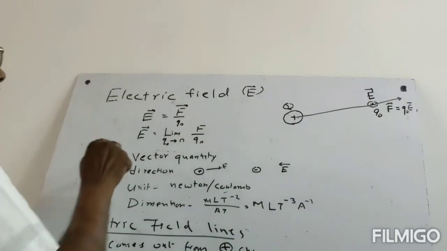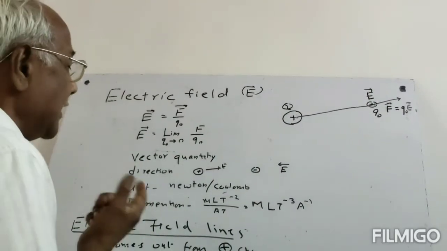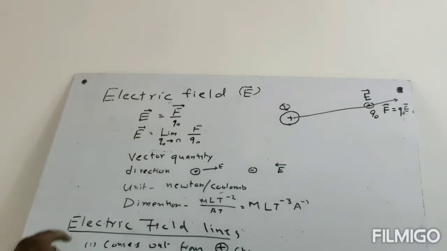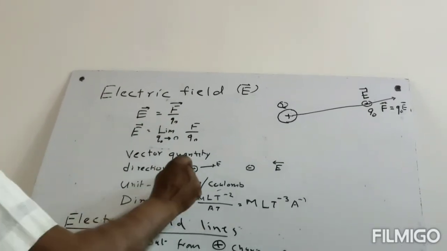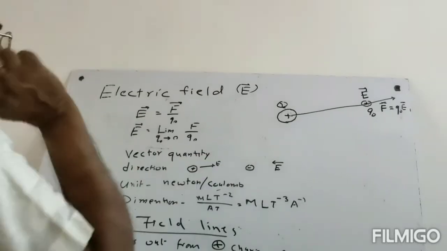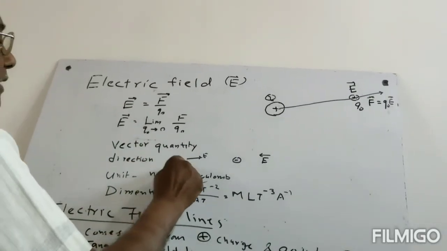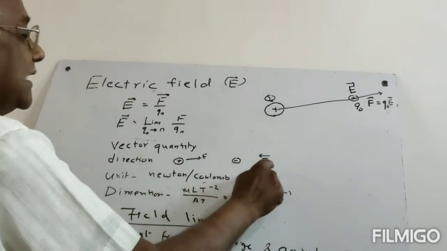Now, electrical field is a vector quantity. Its direction will be outward from the positive charge and towards the negative charge.